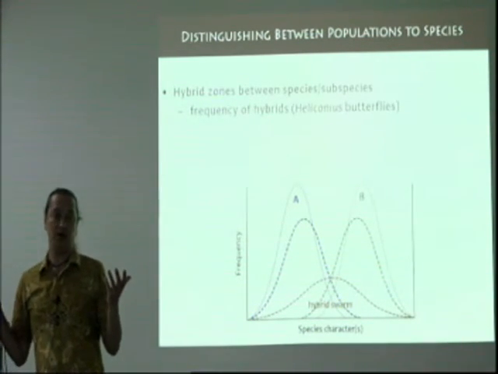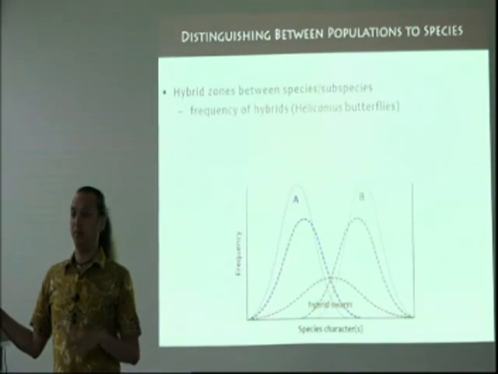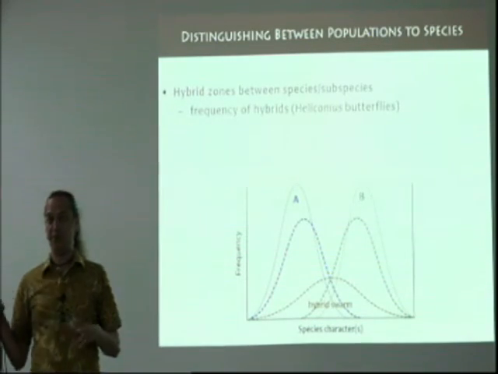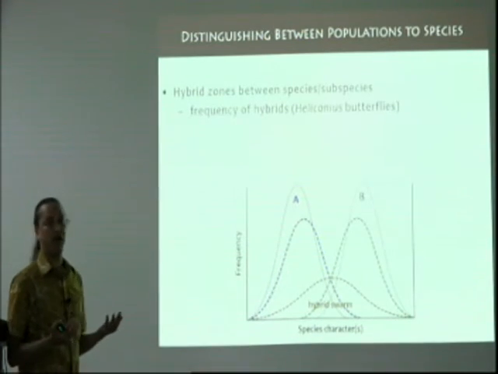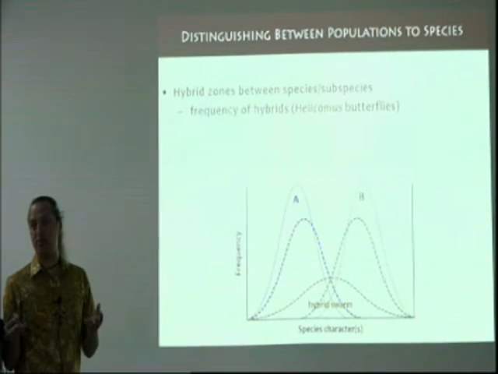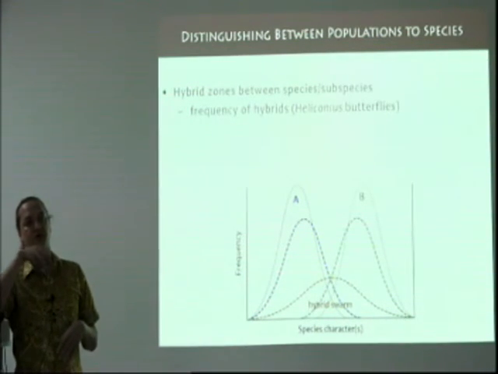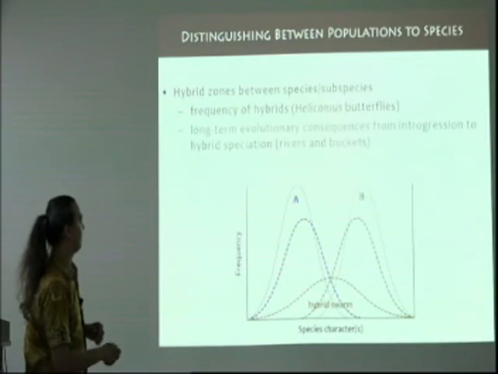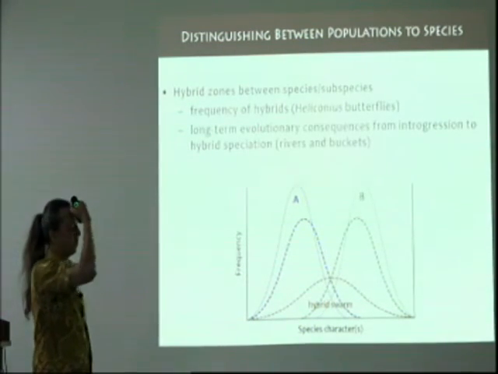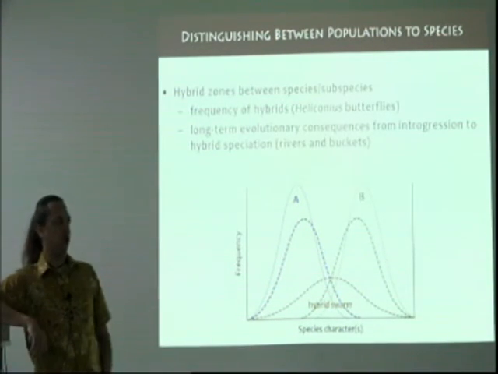Hybrids may even be fertile, for example, but they may not be particularly viable, right. They may not be particularly adapted to the environment, or there may be just very little hybridization between the two original populations themselves. So whether it's pre-reproductive or post-reproductive isolation doesn't matter, but the fact is that you get this versus this pattern. And Jim Mallet has particularly been pushing hard on this kind of distinction between what are species and what are subspecies.